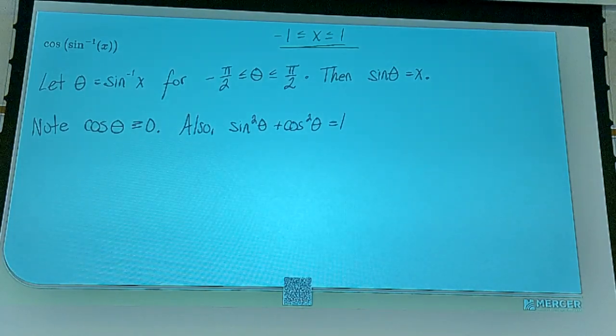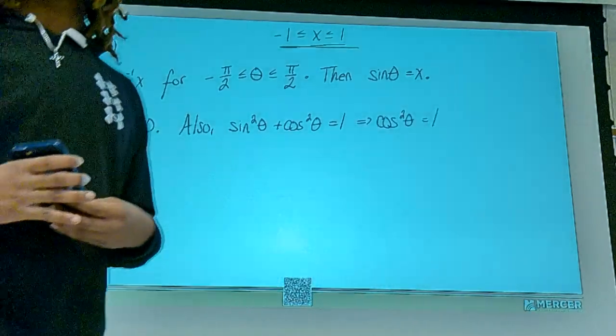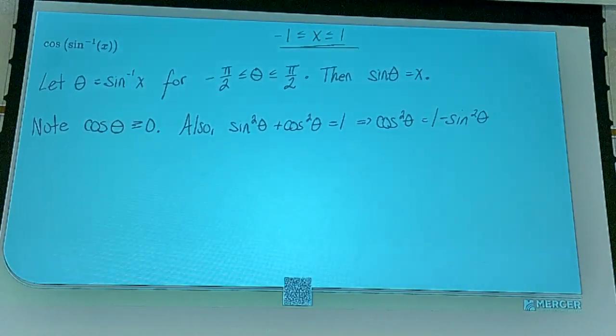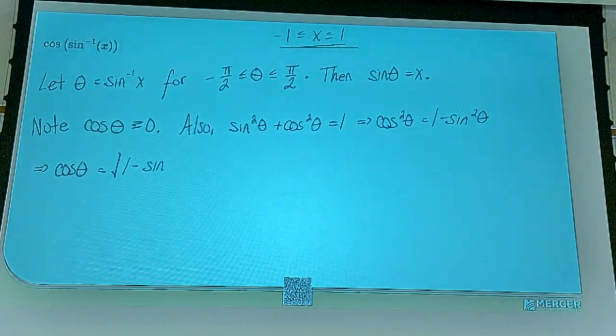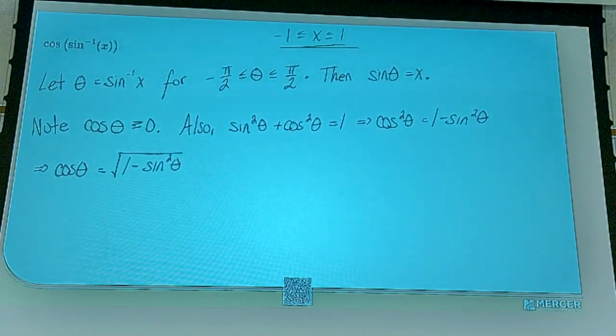Using a purely algebraic argument, start again with one of the Pythagorean identities. Sine squared plus cosine squared is 1. Means cosine squared would be 1 minus sine squared, and cosine would be the square root of 1 minus sine squared.